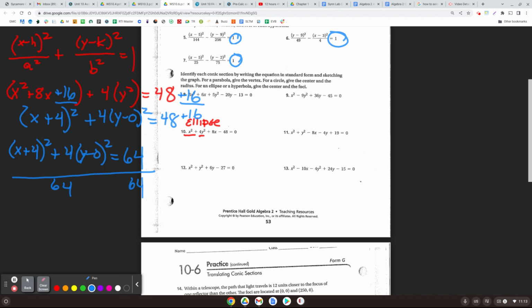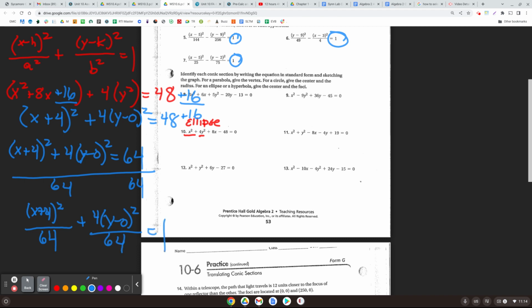All right, so I've got x plus 4 squared. Sorry, this is really bad penmanship. I swear I'm not trying. Something's funky. X plus 4 squared over 64 plus 4 times y minus 0 squared over 64 equals 1.